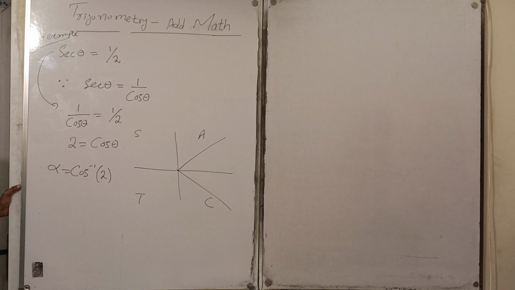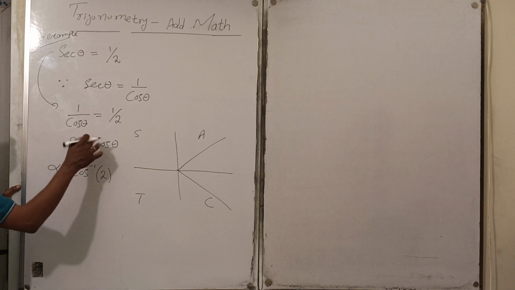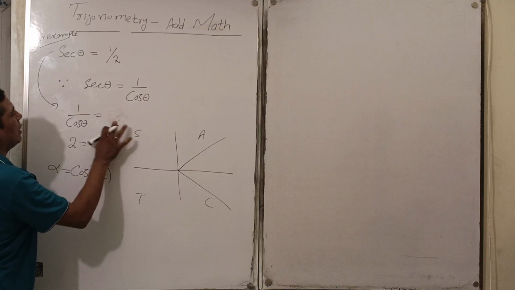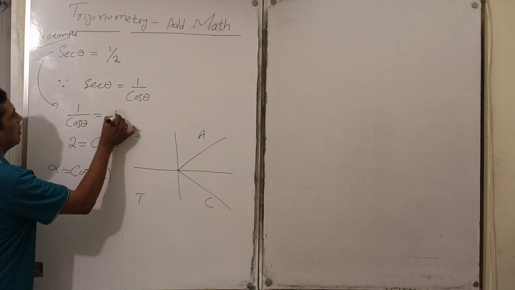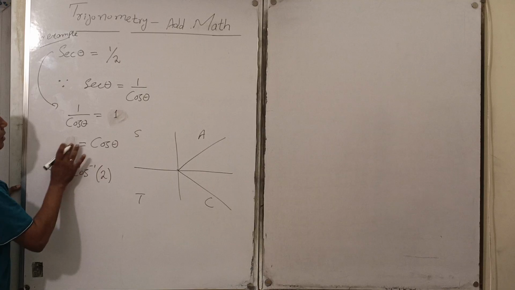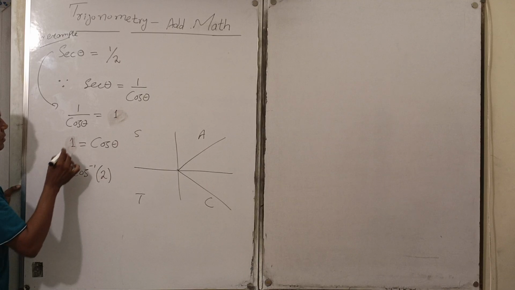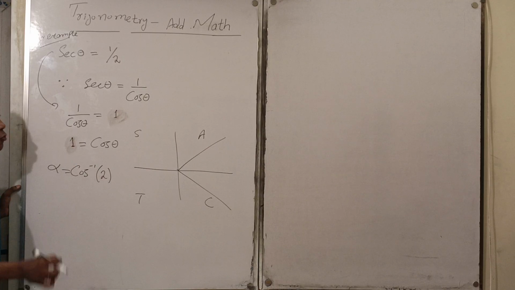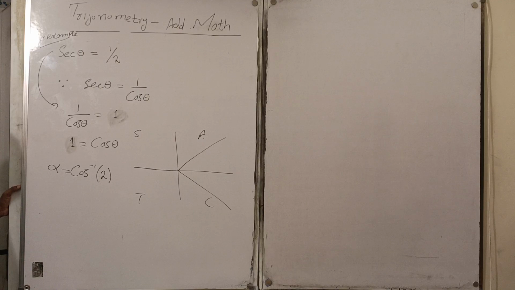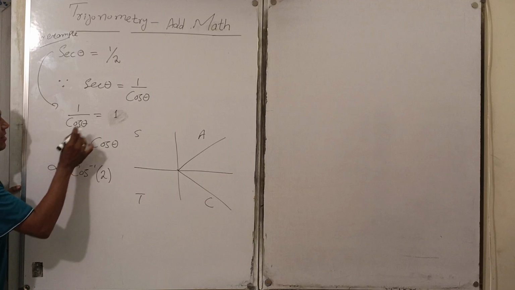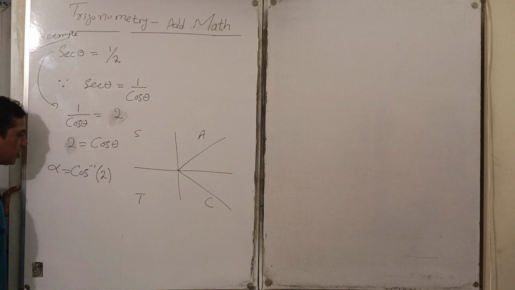So what will be the value? Math error, that is, infinite. That was the example. For example, let's say it is 1. Cos inverse... that was 2 now.